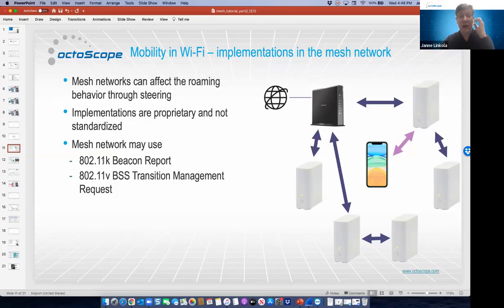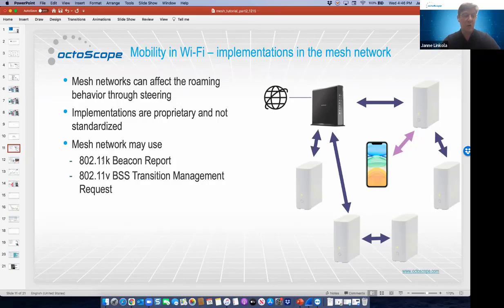Now, these steering algorithms are all proprietary. They're kind of trade secret. Not a lot is talked about these algorithms. They're certainly not standardized. And our point of view and experience is that they tend not to be yet fully optimized for all the usage scenarios that are out there.